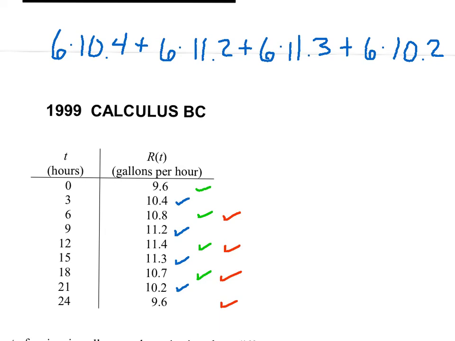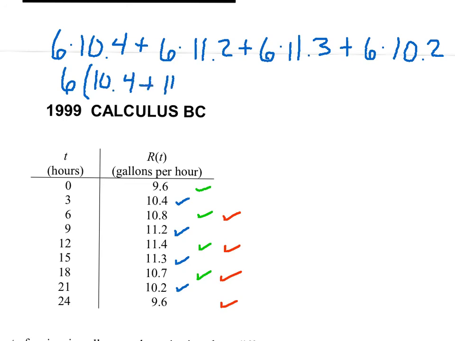One more thing I want you to notice. In our example today, each of the rectangles had the same base of 6. That won't always be the case. Sometimes you'll be presented with data where these increments are not evenly spaced, and as a result, these bases will be different. If they're the same, then you can do one nice thing, which is factor out that 6, since each base is 6.